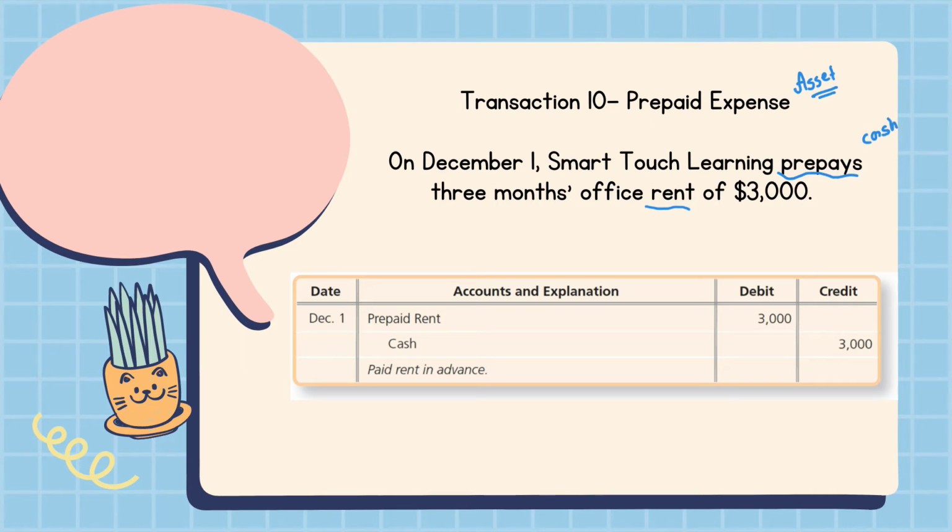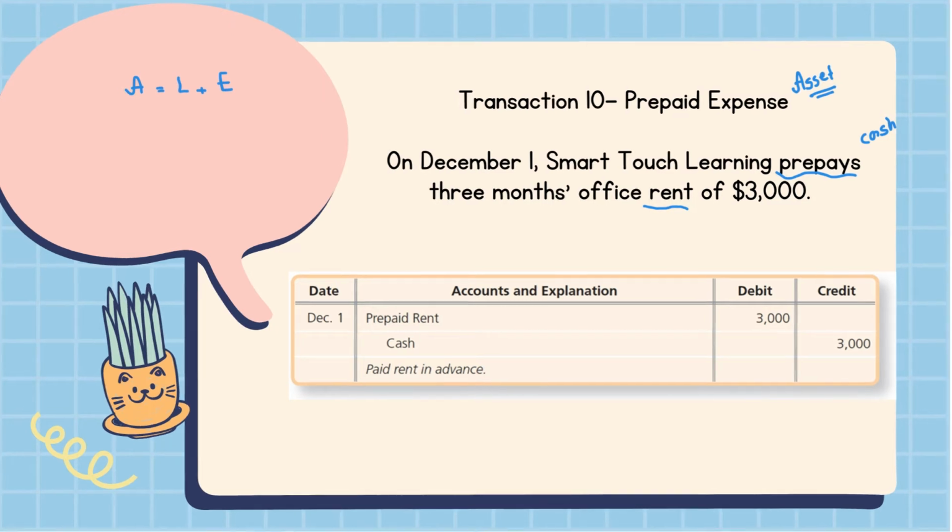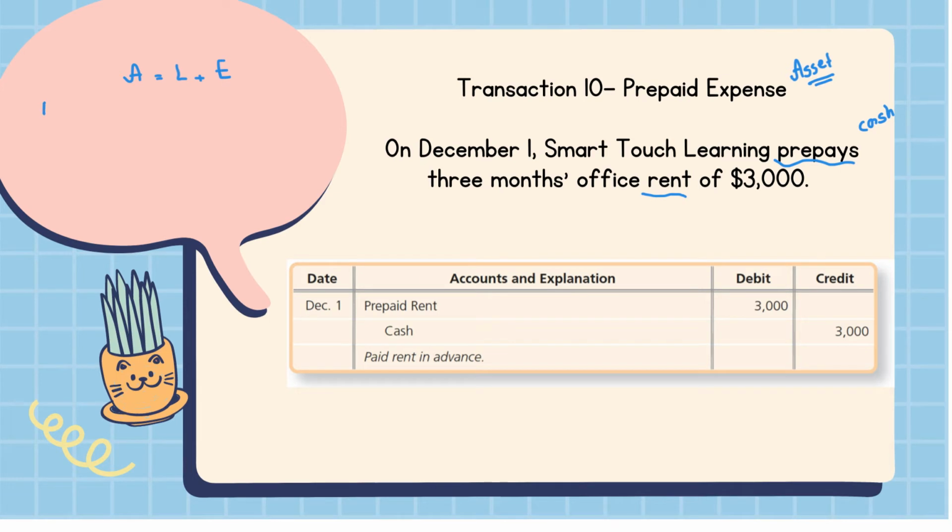So my equation is assets equals liabilities plus equity. Prepaid rent is under asset because it's an asset account. And the second account affected is cash because I paid in advance. So my cash will decrease and my prepaid rent will increase because I just created this account.